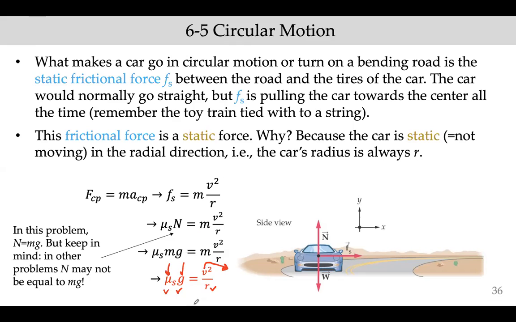So depending on what's asked in the problem, you can solve for either variable. But that's the equation. This is the equation that connects the velocity of the car, the radius of the road, so the radius of the circle, that's the road, and g and mu s.